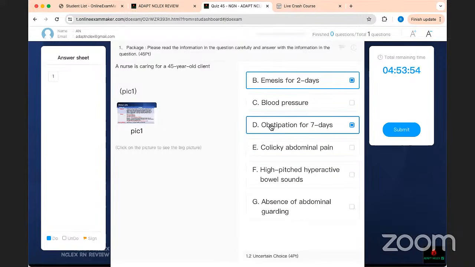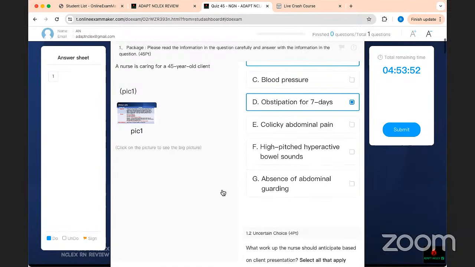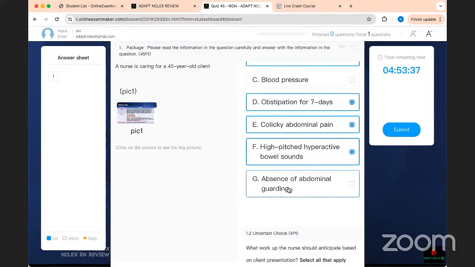This is not good. Colicky abdominal pain is never right. Something is wrong with the patient, right? And then high pitch hyperactive bowel sound is also not right. Absence of abdominal guarding. Who thinks this is something you should worry about?